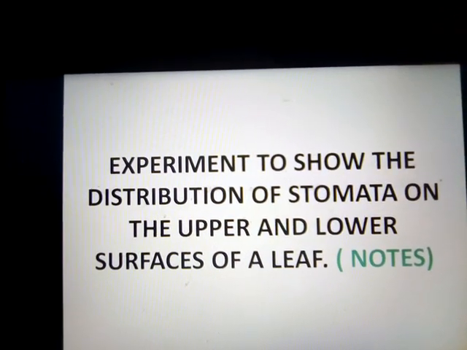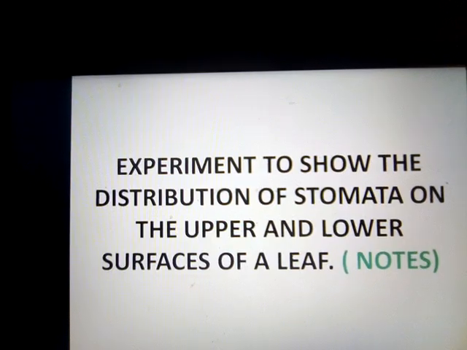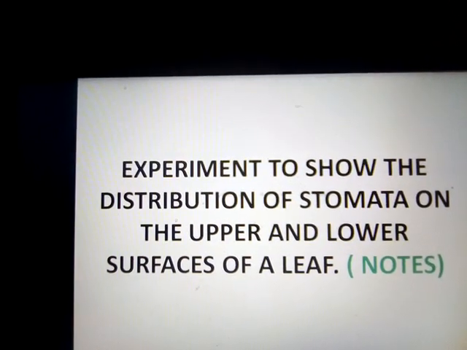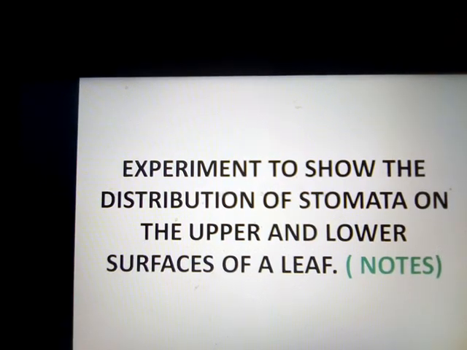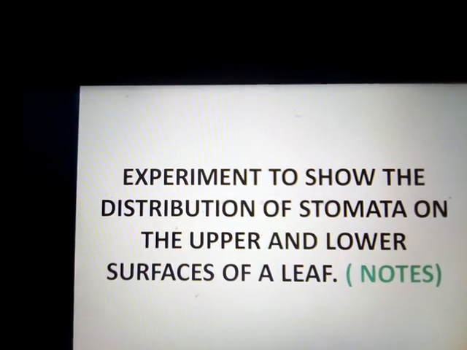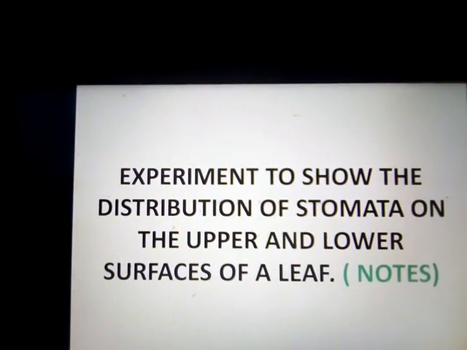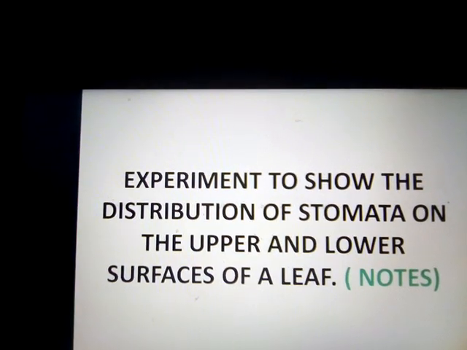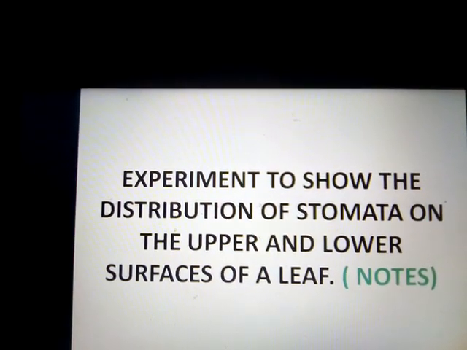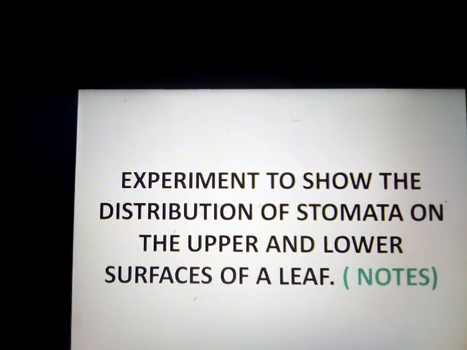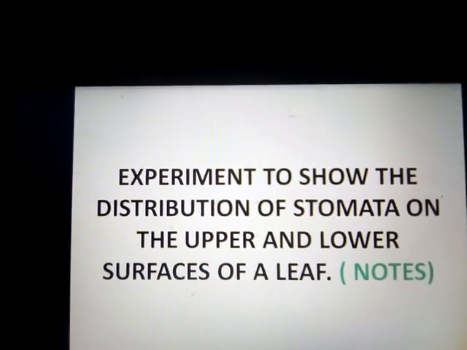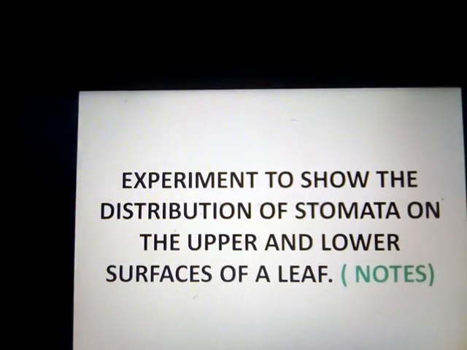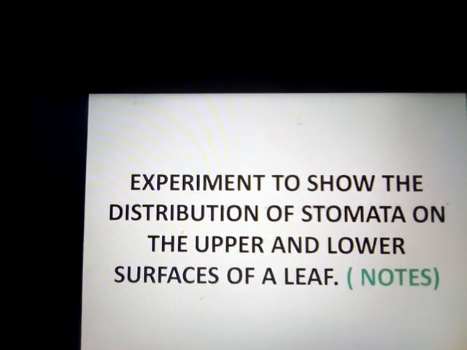Peel off the upper epidermis of a leaf and mount on a microscope. Also peel the lower epidermis and mount, to see the distribution on the two surfaces.